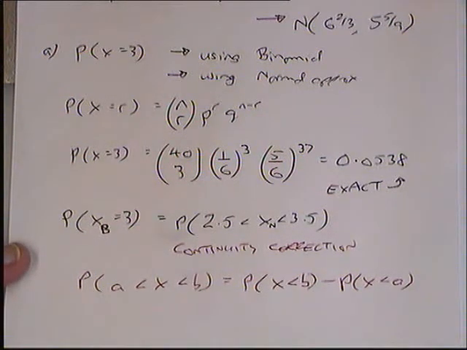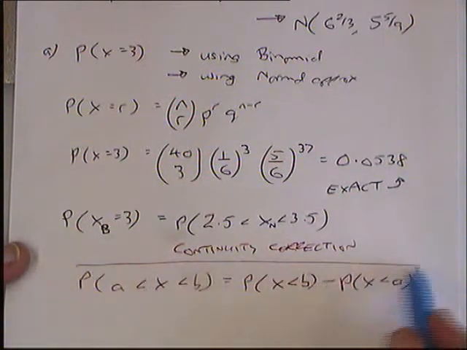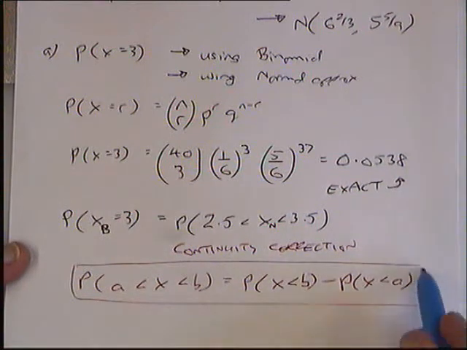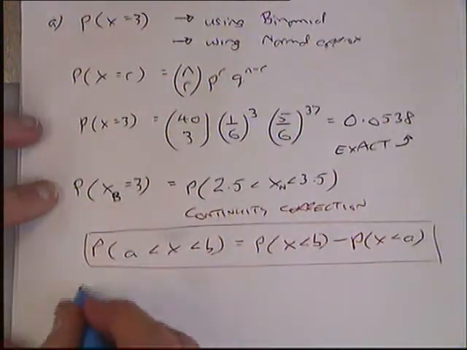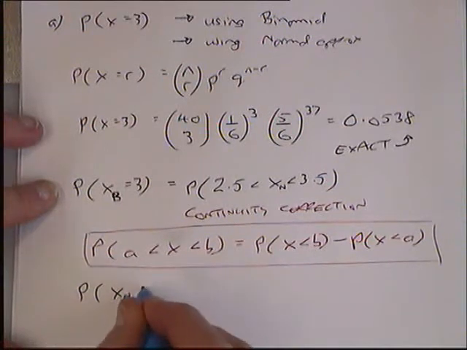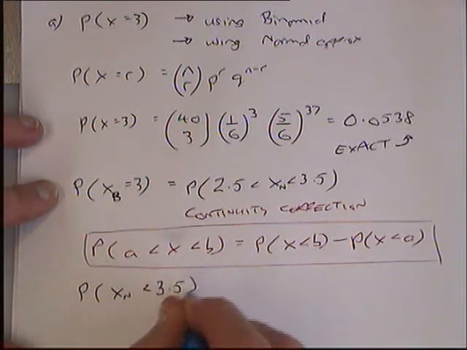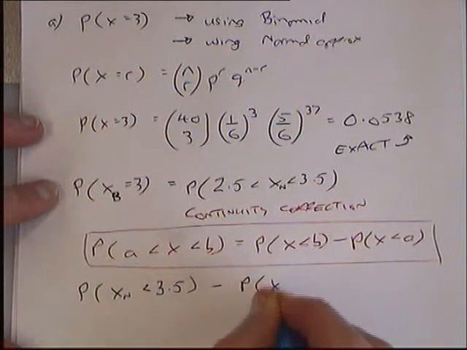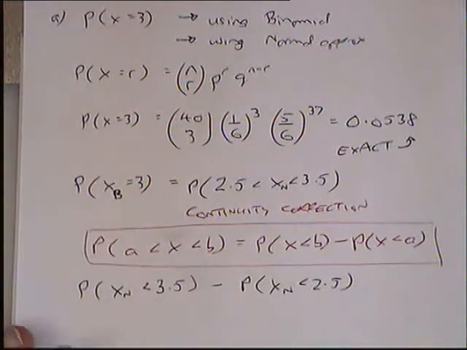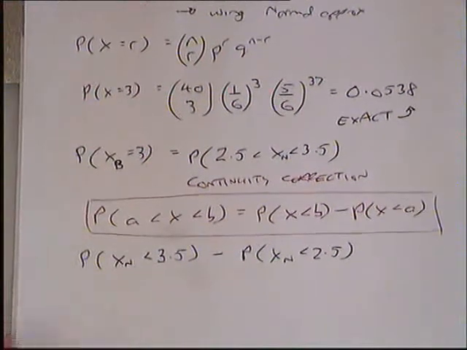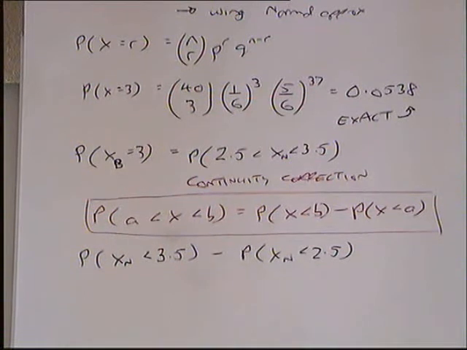So this question becomes the probability x under the normal distribution is less than 3.5, take away x from the normal distribution is less than 2.5. Is that good or bad that we have less than signs in here? Good, yes, because our tables are less than tables.